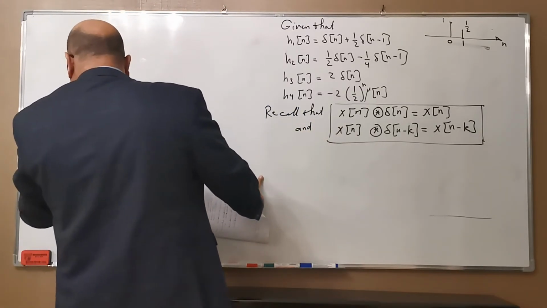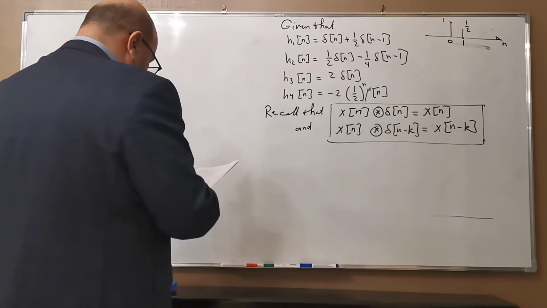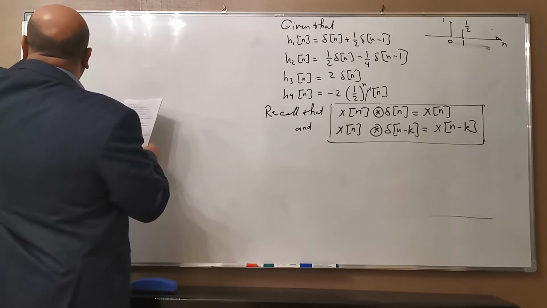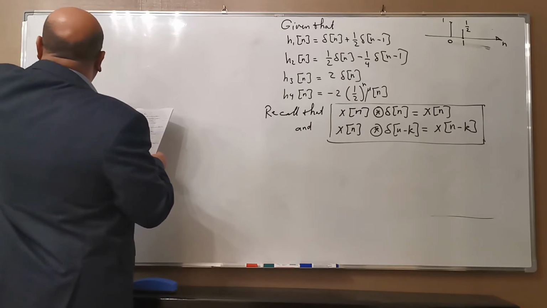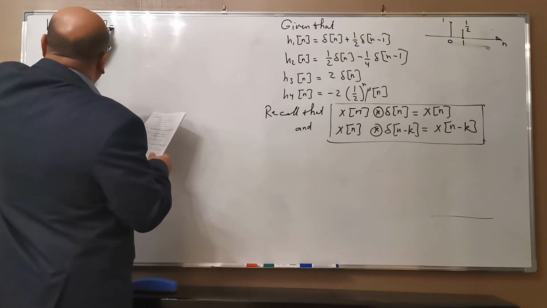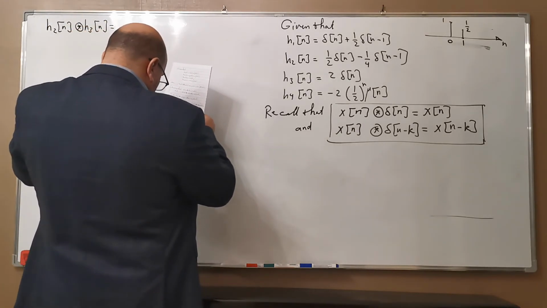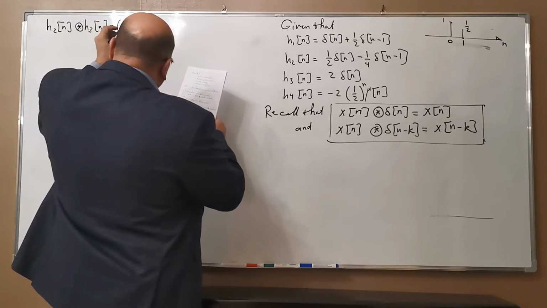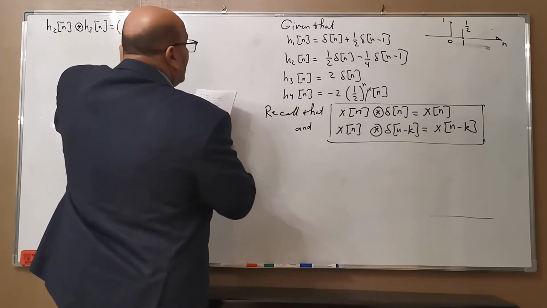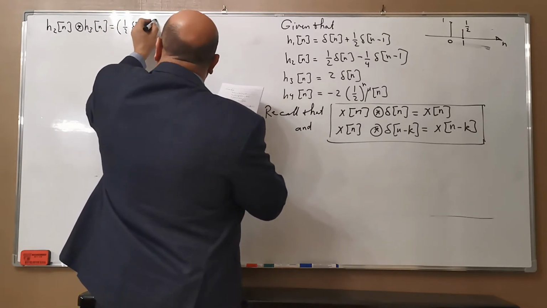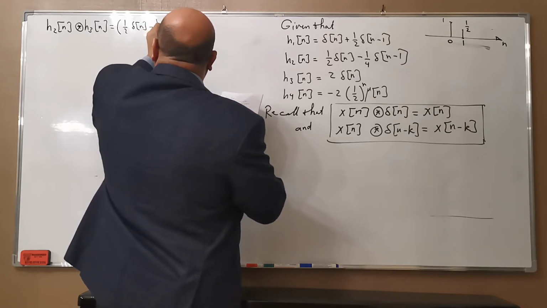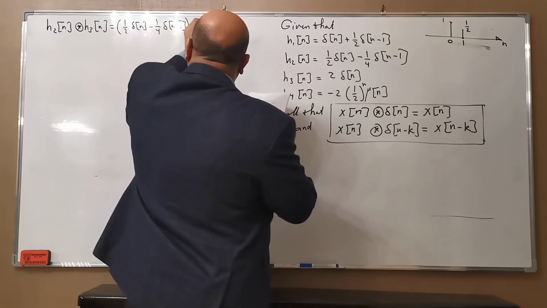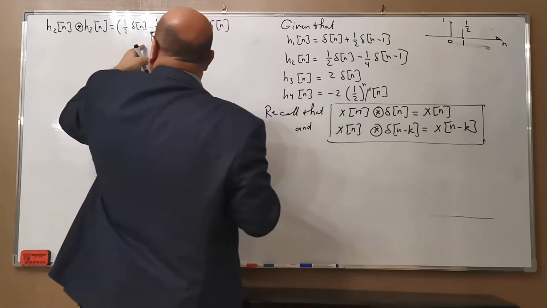So we will evaluate h of n term by term. We will take h2 of n convolved with h3 of n, and this is equal to 1/2 delta of n minus 1/4 delta of n minus 1, convolved with 2 delta of n, which is h3.